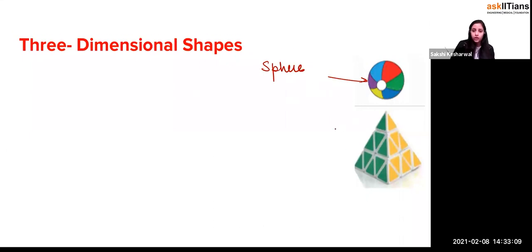Over here this is a pyramid, right? So I'll write down what a pyramid is. See over here, you have seen this figure. I'll write down the definition for pyramid.